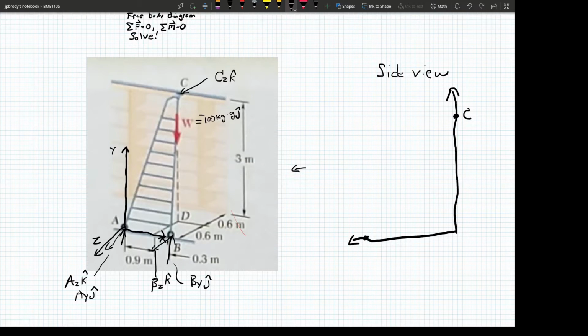This is the Z-axis, this is the Y-axis, and in this side view the X-axis would be coming out of the paper. Then I've got this ladder that looks something like this.